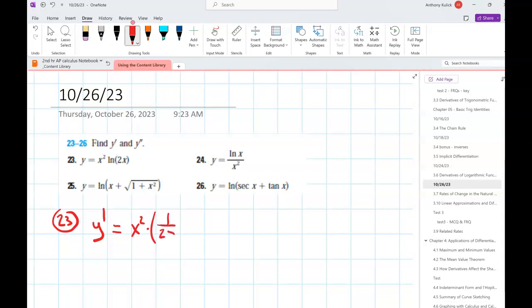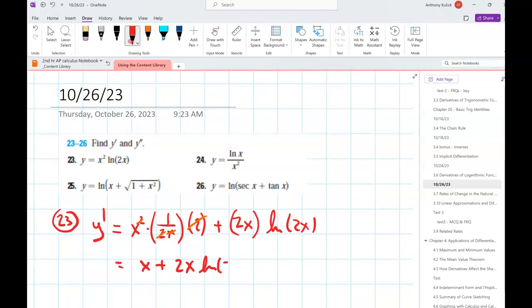To do that, we need to use the chain rule, right? And then I have plus the derivative of x squared times the natural log of 2x. So if I simplify that down, the 2's cancel, an x cancels, so I'm left with just x plus 2x natural log 2x, right? So that's y prime.